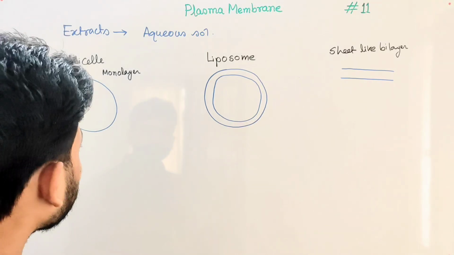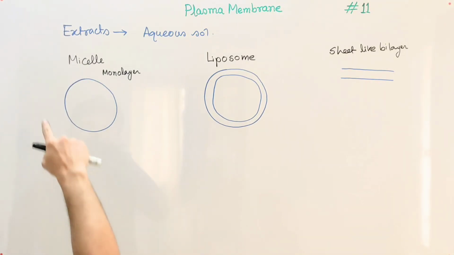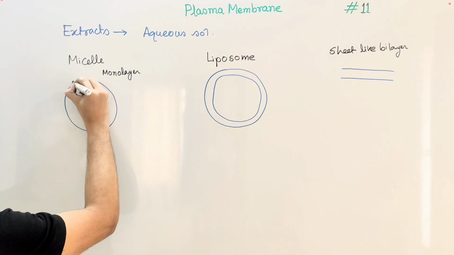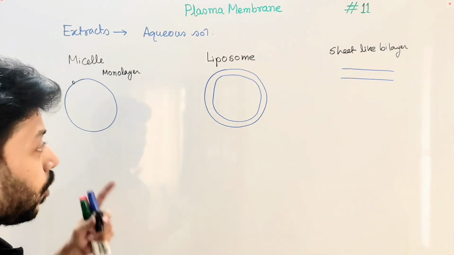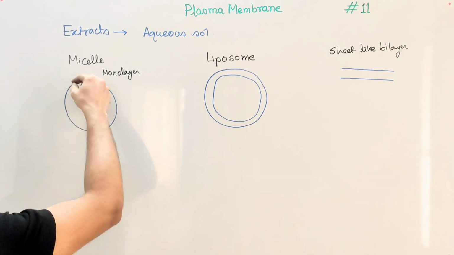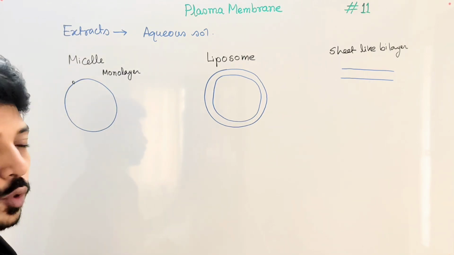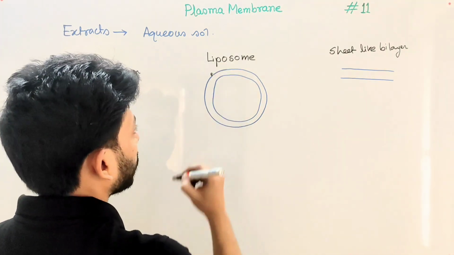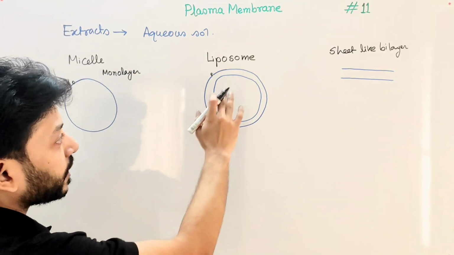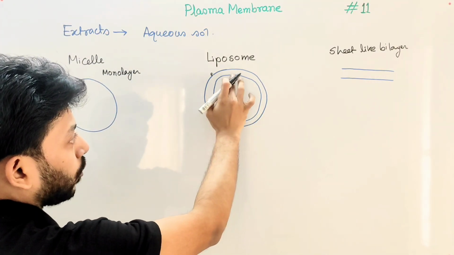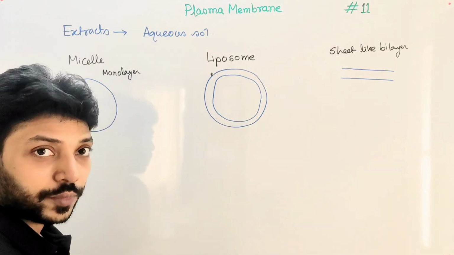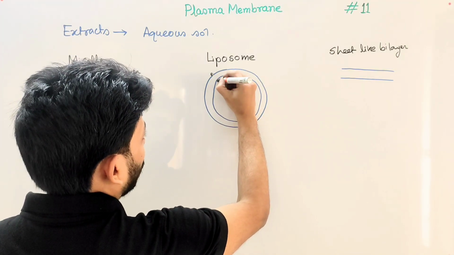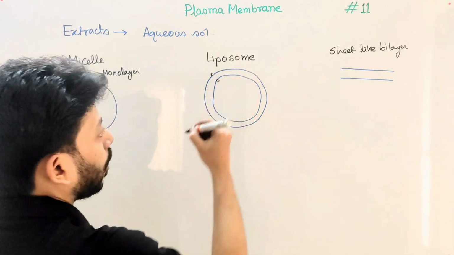Two lipid bilayers. Now in case of micelles, the polar head group always faces the outside, because the polar head group can make contact with water molecules. Here also in the liposomes, the polar head group faces the outer side. But here, as the inside also contains another layer of lipid membrane, the polar head group will be outside.